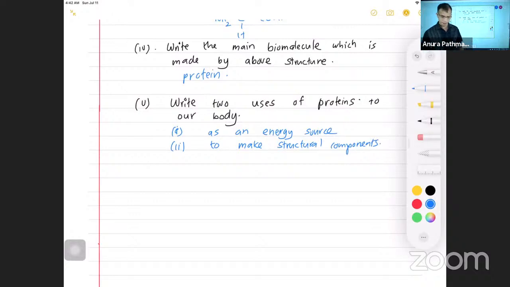Proteins are very important. Apart from that, I will write some more extras: as enzymes, as hormones, and as antibodies. There are so many uses, right?